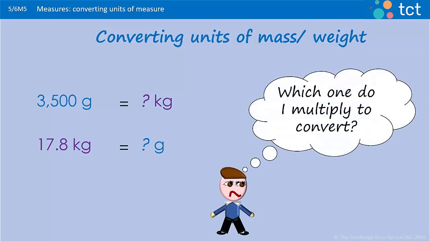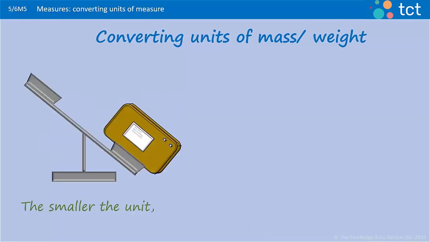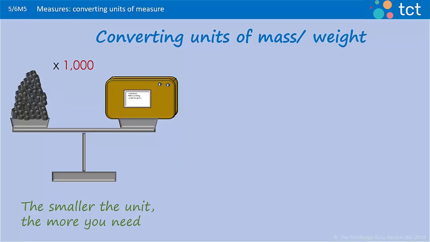Something that does cause a lot of confusion, even for GCSE students, is remembering whether you need to multiply or divide when you're converting from one unit of measure to another. With all measures, it's worth remembering that the smaller the unit you're using, the more you will need. So if you're weighing something using grams, you're going to need more grams.